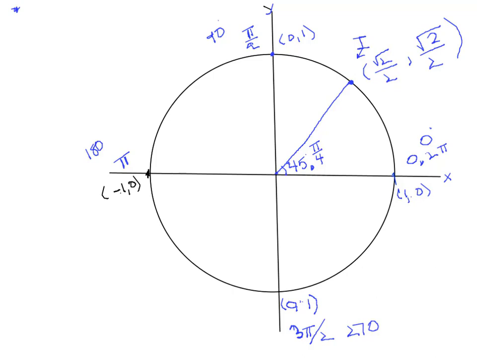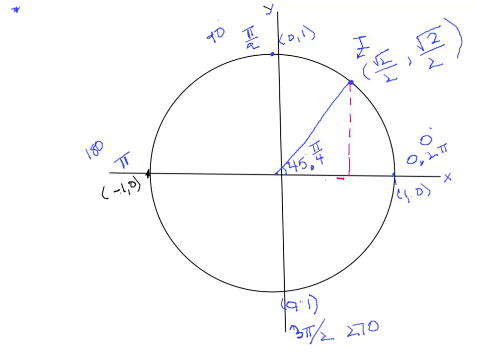Okay, good. So at 45 degrees, remember the height of this triangle is going to be exactly the same as the width, or whatever you want to call it, right?